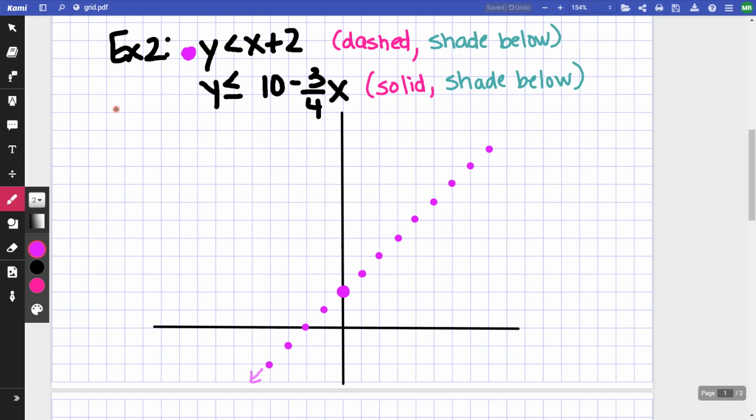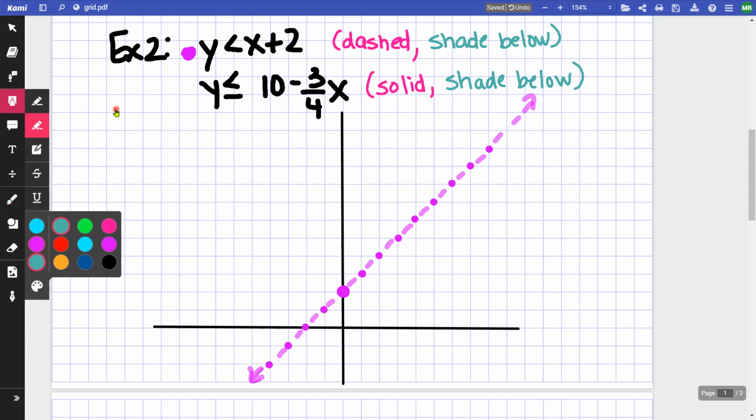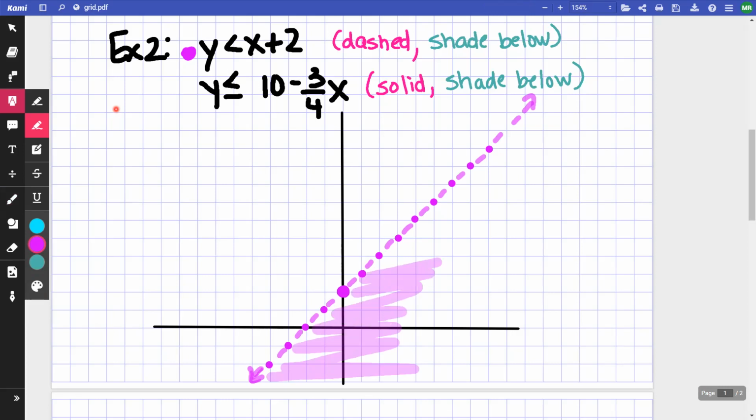I'll make it a little thicker though. This is going to be my dashed line. So this means nothing on this line is going to make it true. Okay. Now I need to shade below. So I'm going to shade below, which means I'm going to be shading everything here.